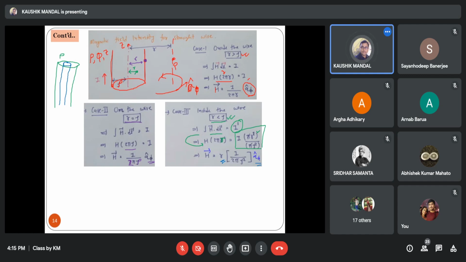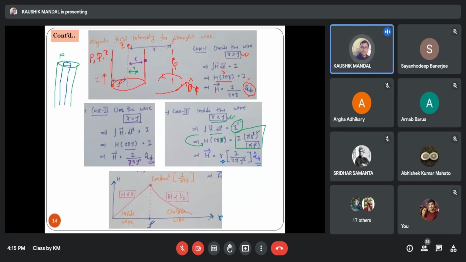Okay, so let's summarize it with the plot. Along the y-axis, we plot the magnetic field intensity H with respect to the radius of the test point, that is r. At this point we are considering r equal to rho.